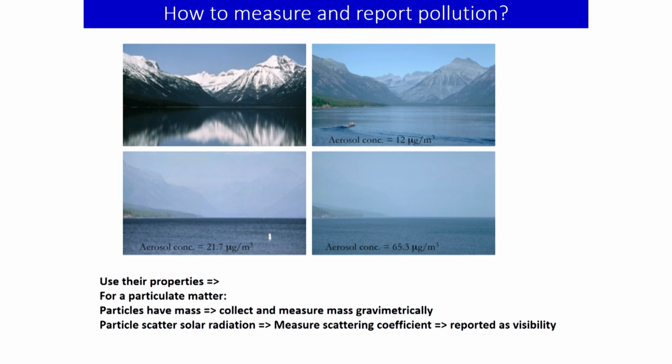So, collect and measure the mass. We will discuss in instrumentation how the collection is done, and then we measure the mass gravimetrically, so we get the total mass collected, and then the total volume. And because particles scatter or absorb solar radiation, we can measure the scattering or absorption coefficient, and this can be used to report visibility or even the aerosol optical depth that we discussed.